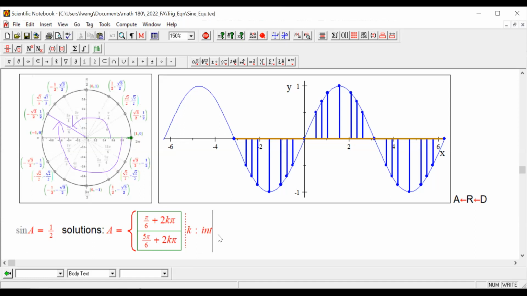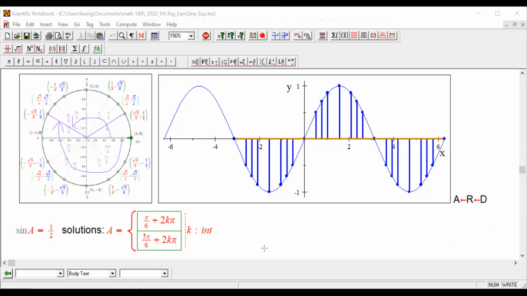So that's all the solutions to that equation, a simple sine equation. You can see the process, right? From the definition, we know the sine ratio is half, and we identify the two terminals, which is related to the reference angle, and then we just express each one with our solutions.